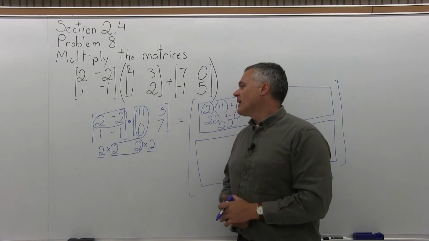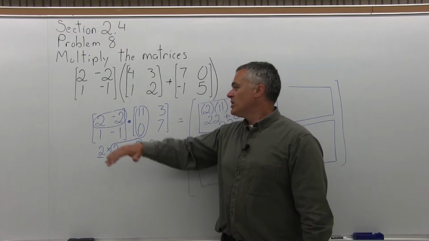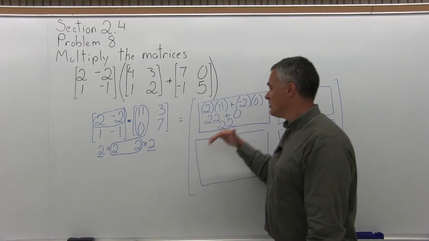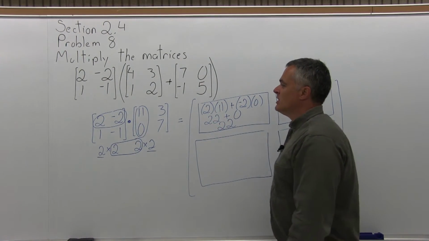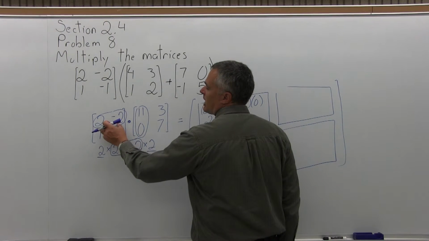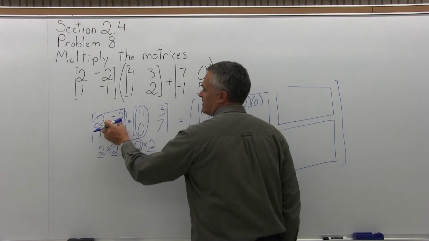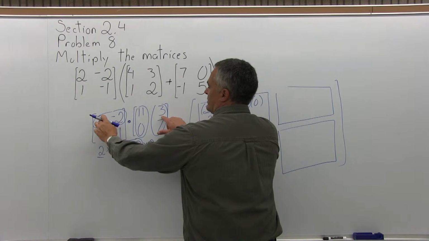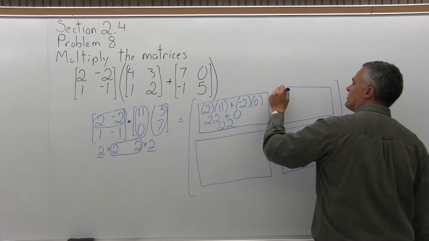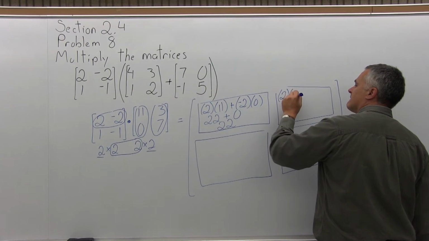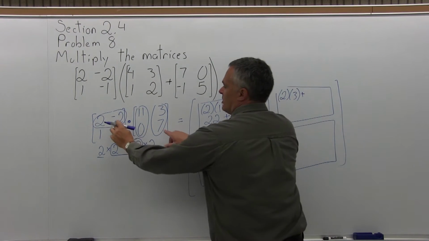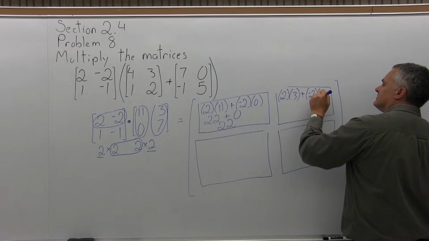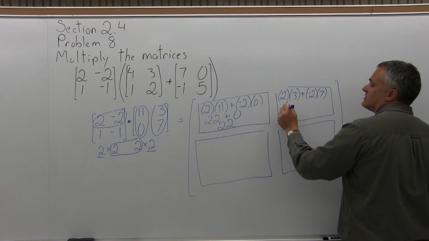And now, why did the answer go in the spot that it did? I multiply the top row of the first matrix times the first column of the second matrix, and the answer I got went in the top row and first column of the solution. So now I go over one box. I'm going to multiply the top row of the first matrix, 2, negative 2, times the second column of the second matrix, 3, 7. So first times first, which is 2 times 3, plus second times second, which is negative 2 times 7. 2 times 3 is 6.